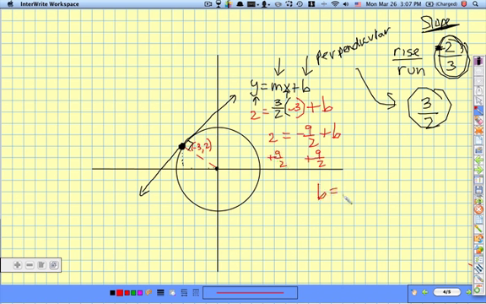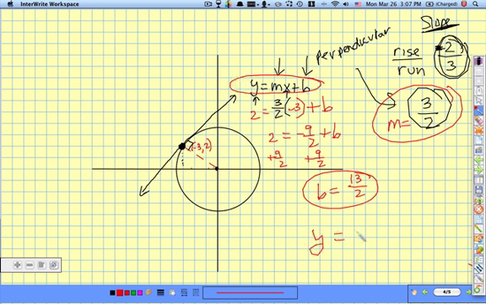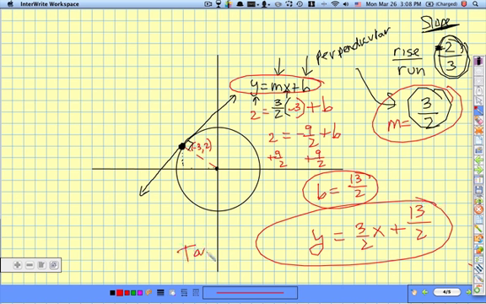So b is equal to 2 plus 9/2. So 2 is 4/2 plus 9/2 is 13/2. So there's my b, and we had our m up here. Put these two things together inside of y equals mx plus b. So y equals m, which is 3/2, x plus b, which is 13/2. Final answer. This is the tangent line.